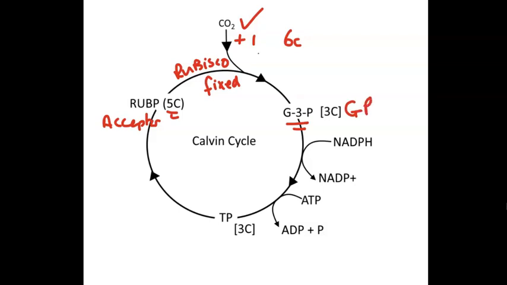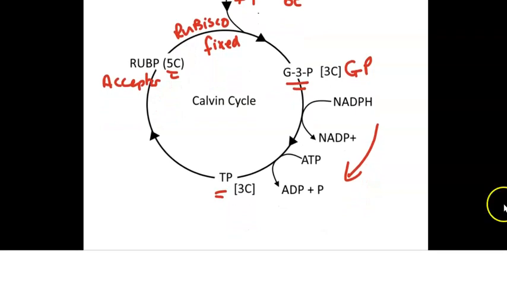Then we have the reduction step, in which we go to Triose phosphate, but the important thing is to understand how the energy from photosynthesis captured by the light-dependent reaction is now being incorporated into biological molecules. At this stage, we can take off molecules like this to generate hexoses.